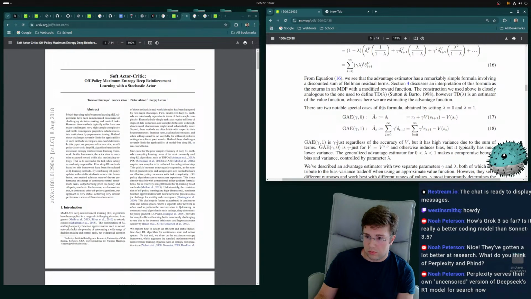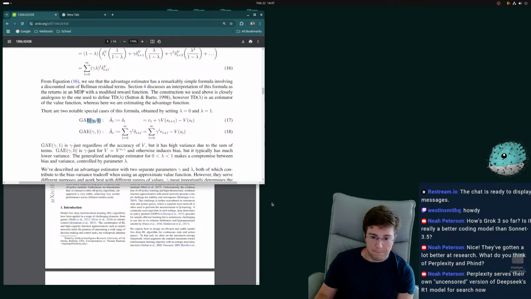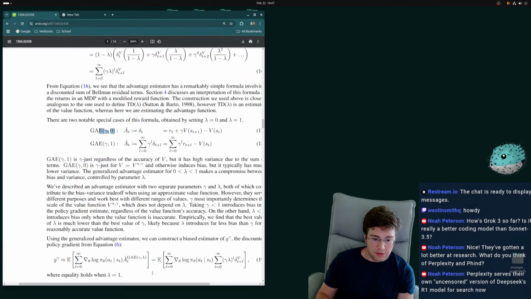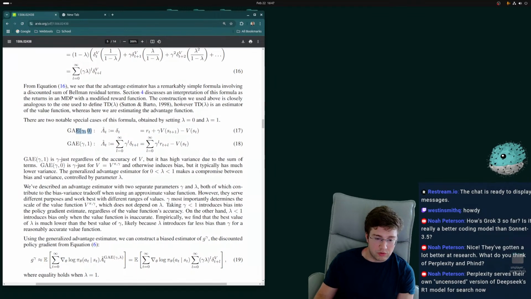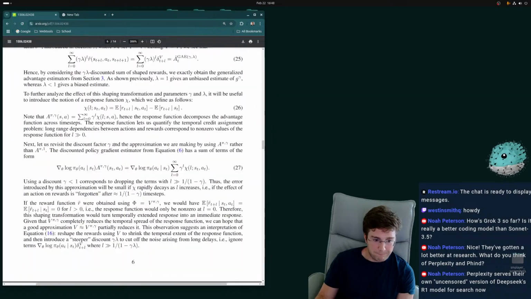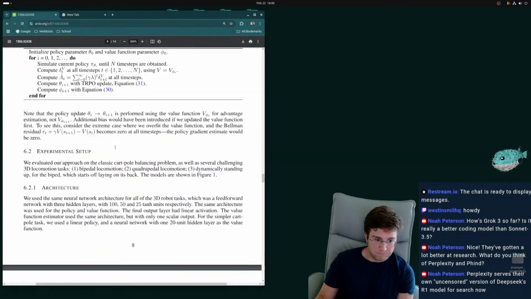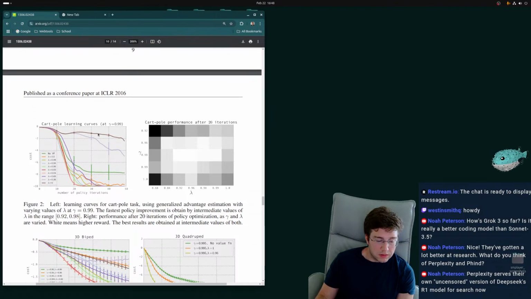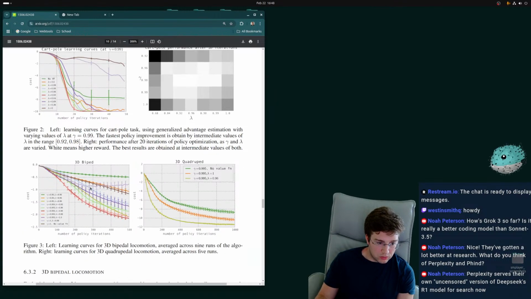Okay, so lambda equals 0. There are a couple things we need to do here. The thing is, we know that with lambda equals 0, this thing doesn't work particularly well, does it? Yeah, this is lambda equals 0.